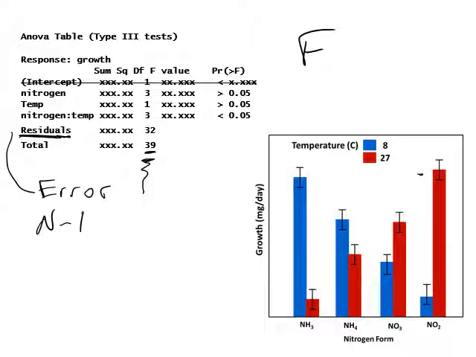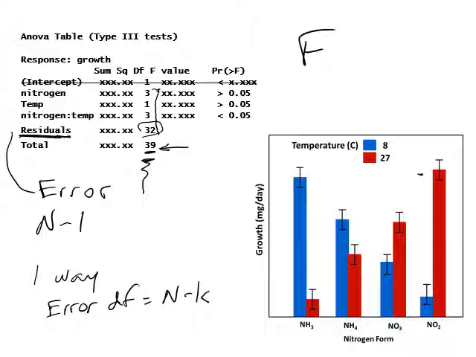These degrees of freedom here all have to add to 39, right? So the degrees of freedom on the error term for a one-way analysis of variance, right? Remember, in a one-way analysis of variance, the error degrees of freedom were simply equal to big N minus K. Well, we don't really have K anymore in a two-way analysis of variance, right?